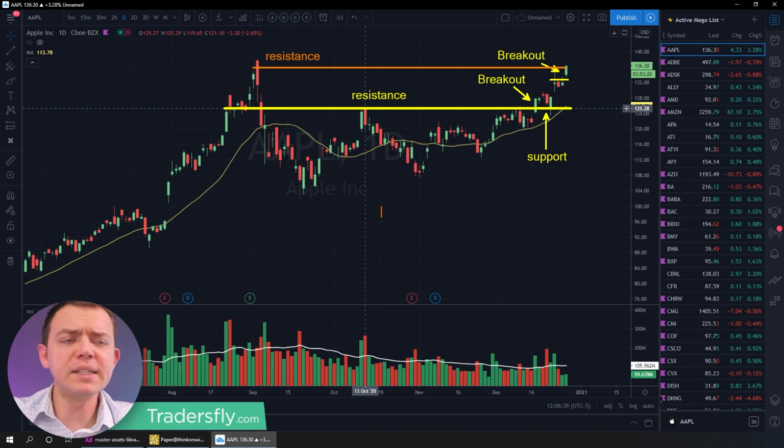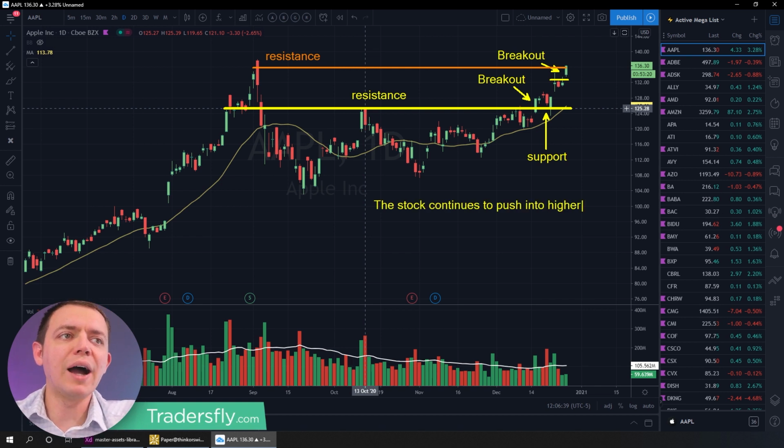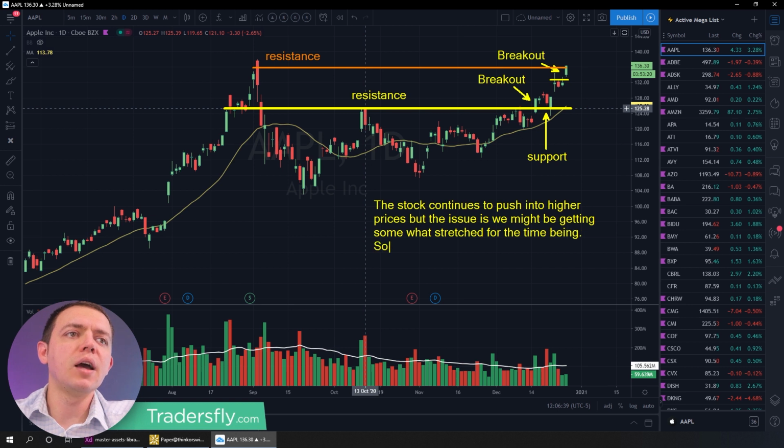So basically, as you look into it, right now, the stock continues to push into higher prices, but the issue is we might be getting somewhat stretched for the time being. So be careful and take profits into strength as we continue to move higher.